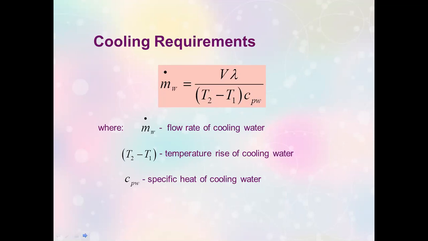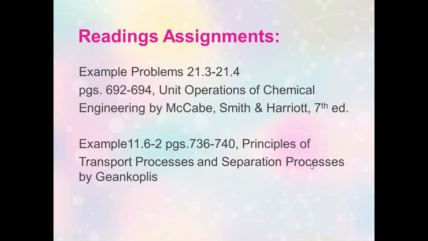Okay, this is the cooling requirement for your condenser. The last part here is just an assignment, which I also wrote in Canvas for you to read. There were actually three. This one specifically discusses the use of the formula for the condenser and the reboiler duties, which I discussed, coming from John Couples.